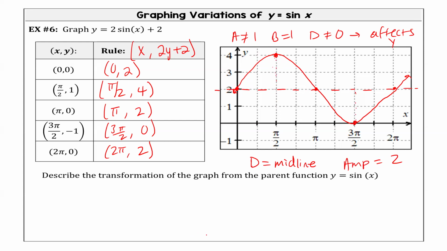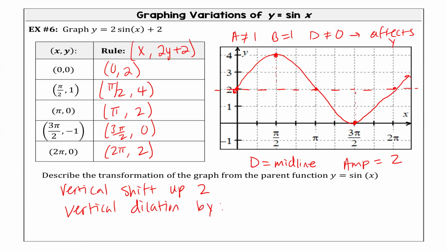All right, what transformations took place? So a vertical shift up 2, not by, because we're not multiplying. And then we have a vertical dilation by 2.